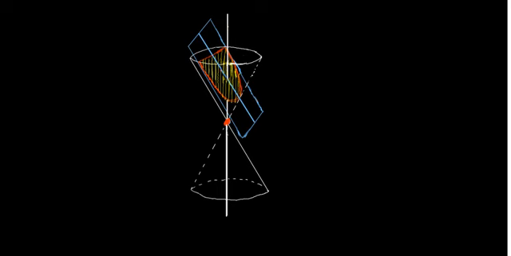So this line that we have right here is the axis, and we have our vertex here. Then what we have here is the vertex angle.